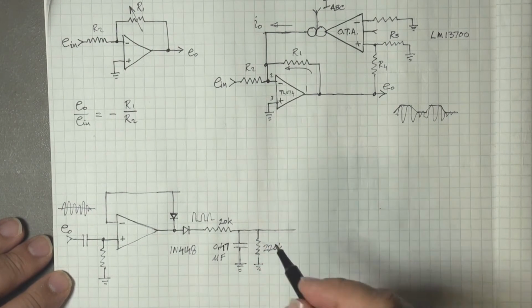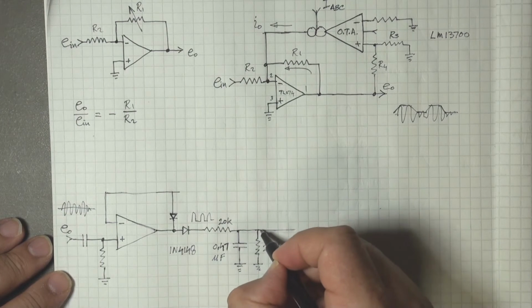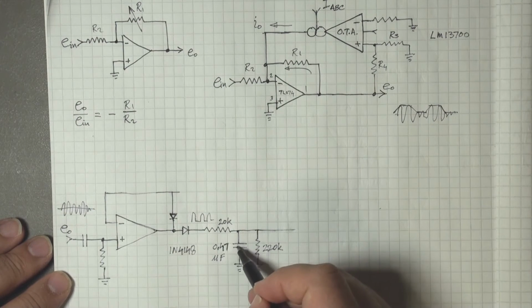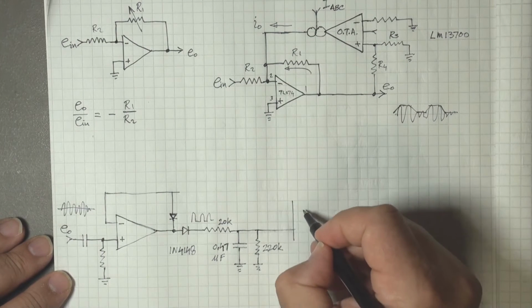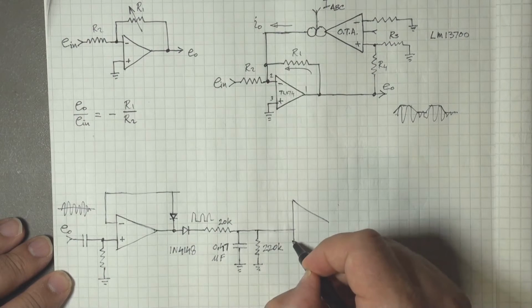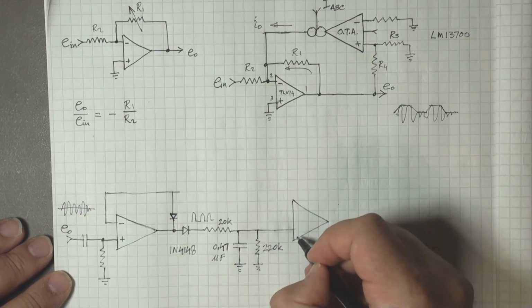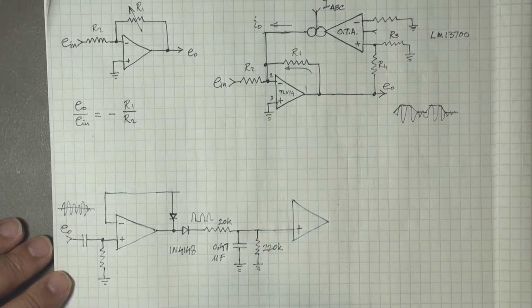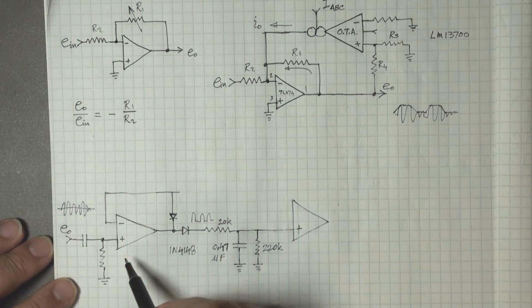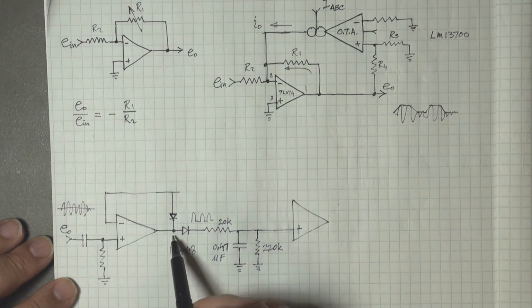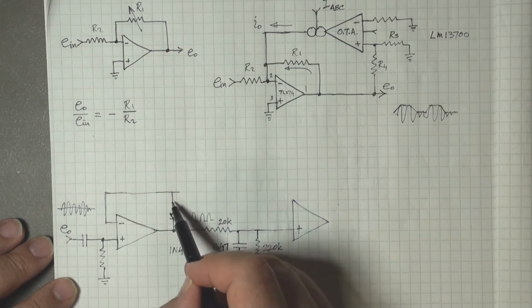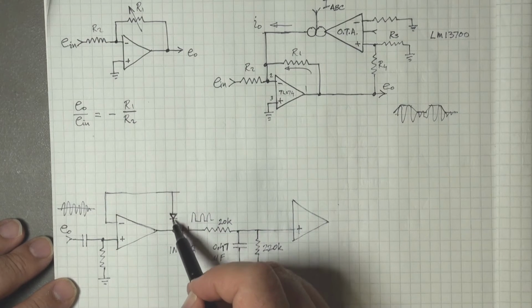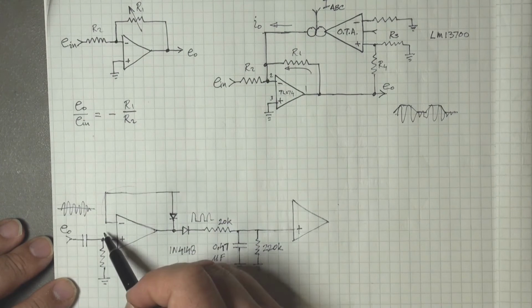Then we take the output, or the voltage level, across this capacitor, and we buffer it through another op amp, positive input. Incidentally, what happens here is all the negative voltage swings are fed back through this diode to the non-inverting input.